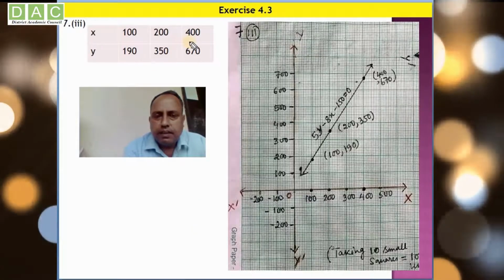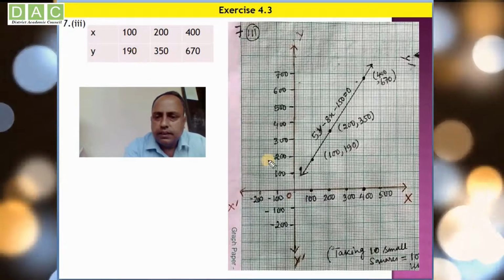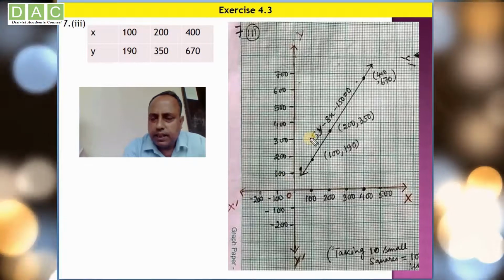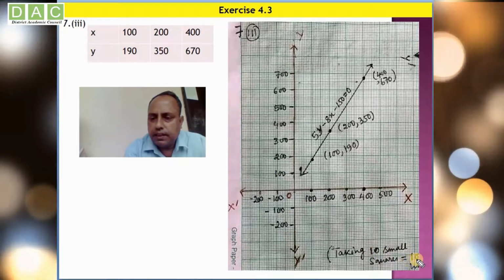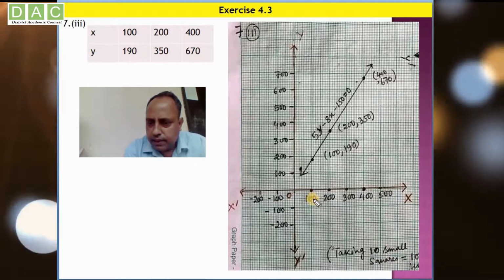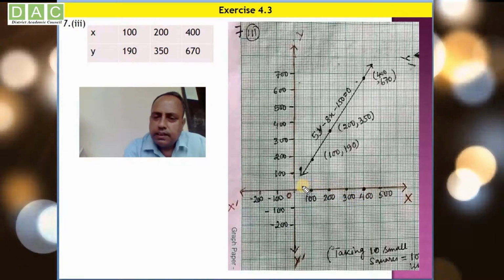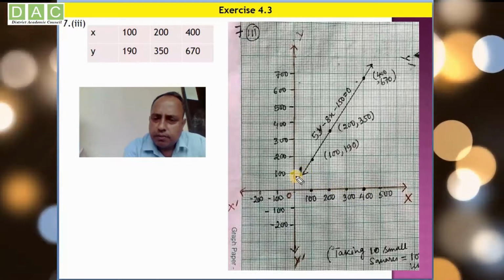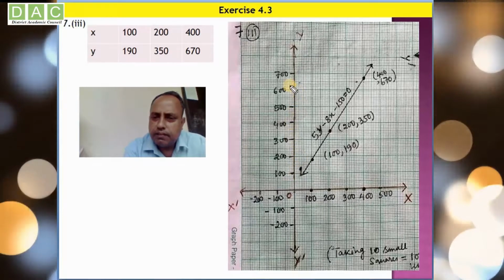Now from the table, x is 100 and y is 190. First, after drawing the x-axis and y-axis, taking 10 small squares equal to 100 units. 100 plus 100 is 200, then plus 100 is 300. On the y-axis also, 10 small squares equal 100. 100, 200, 300, 400, 500, like that.